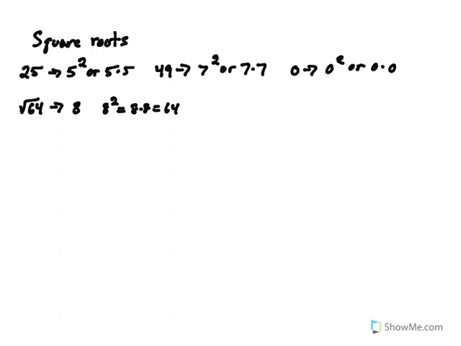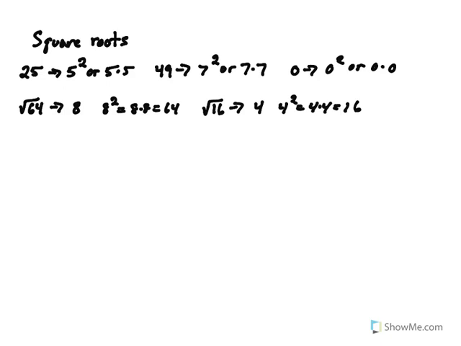Look at another one, square root of 16. Again, square root of 16 is 4 because 4 squared is equal to 4 times 4, and when you do 4 times 4, you get 16. So you can almost check every one of these by working backwards, by saying, what times itself gives me that number?